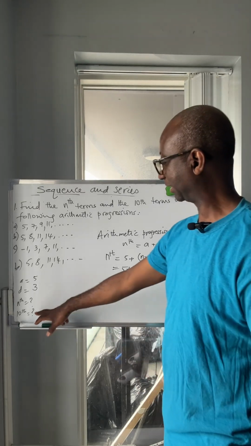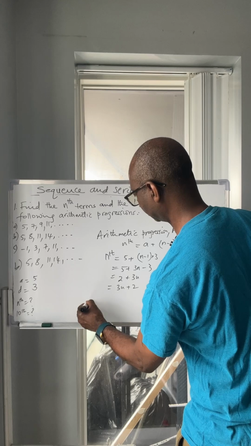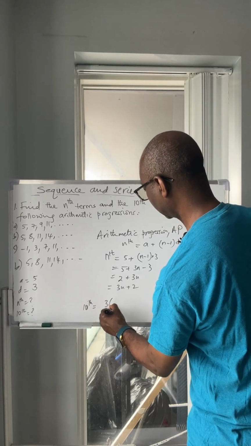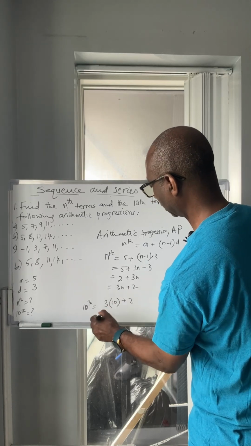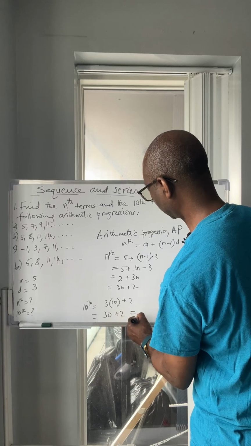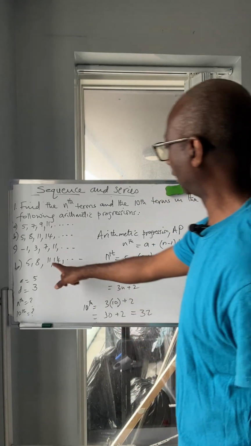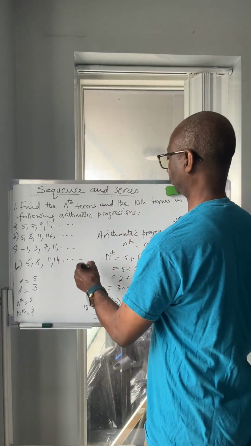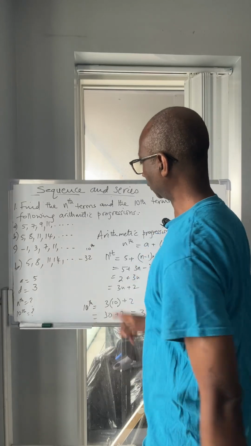Now they say find the 10th term. So your 10th term is going to be 3 times 10 plus 2. This n now becomes 10. That gives you 30 plus 2, so that is 32. The 10th term is going to be 32.